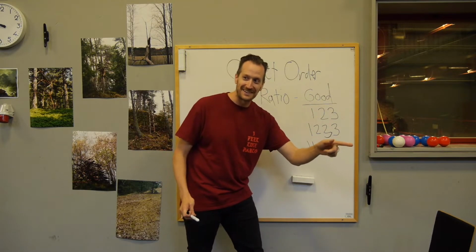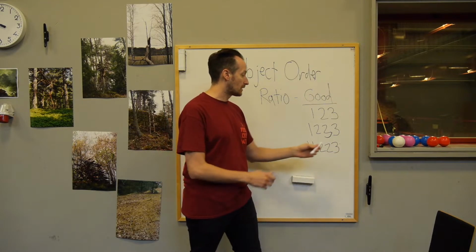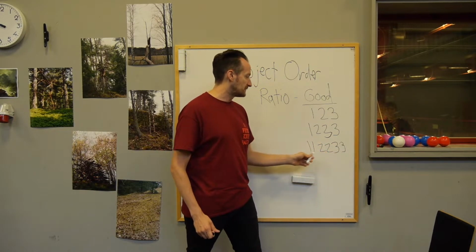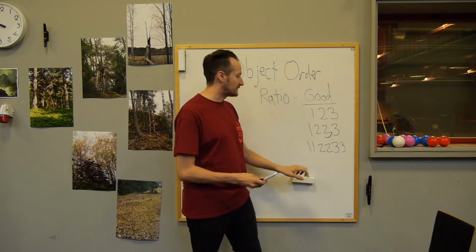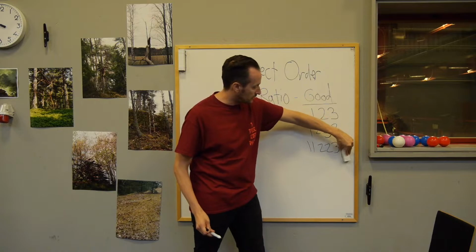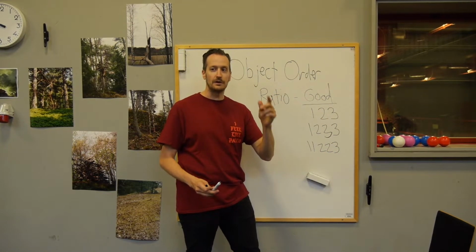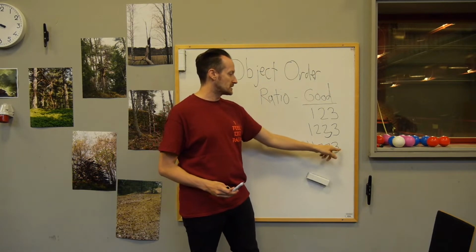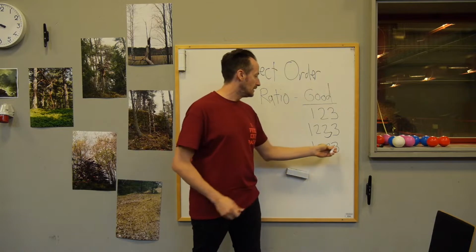Instead of saying 3 again, I say 1, 1, right? I come back to the beginning. You expect there to be another 3. I set up this expectation that there's going to be two times each object, but then I break it. So 1, 1, 2, 2, 3, 1, 1, 2, 2, 3, and then you break that expectation of the last number not being there.